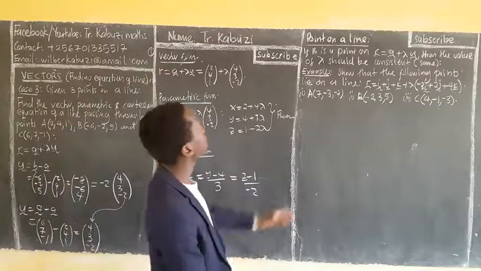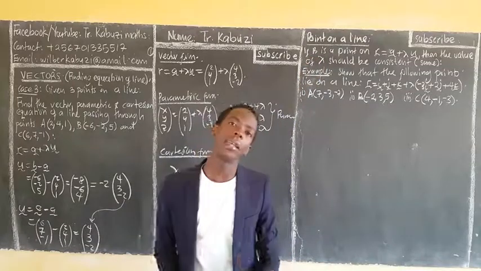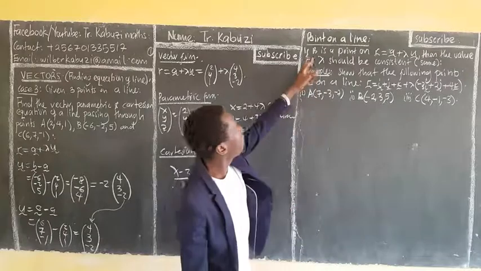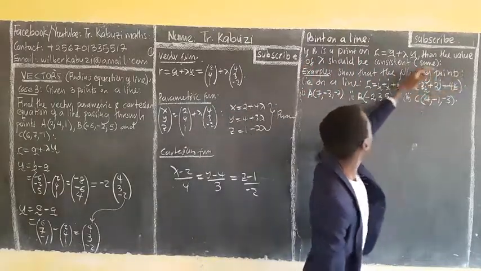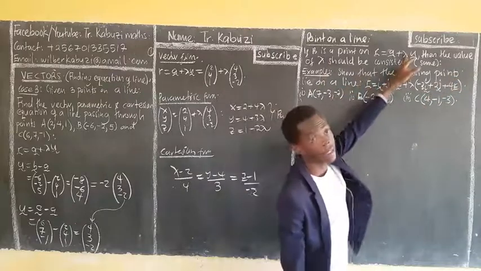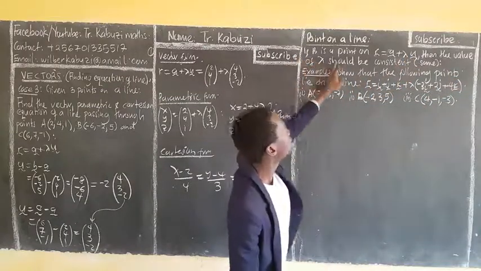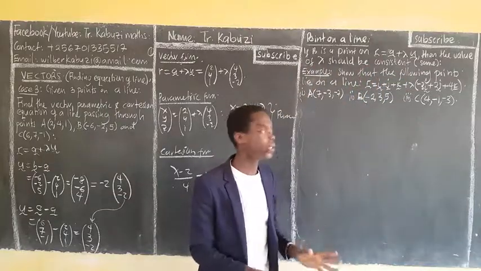Now here you're going to see how to show that a point is on a line. If B is a point on this line, then the value of this parameter, this lambda, should be consistent, the same, throughout the equations.